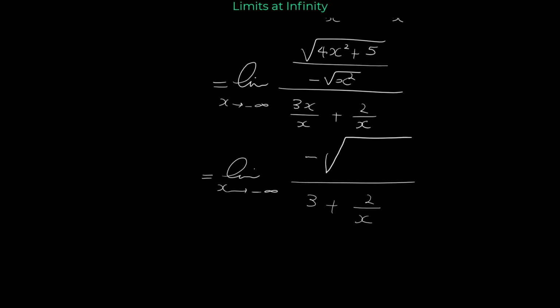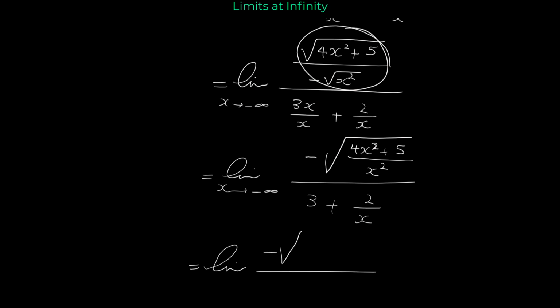Now I want to merge these two radicals. So I have 4x to the 2 plus 5 all over x to the 2. If we divide the terms in the radical, we have radical 4 plus 5 over x to the 2. And in the denominator we have 3 plus 2 over x as x approaches negative infinity.